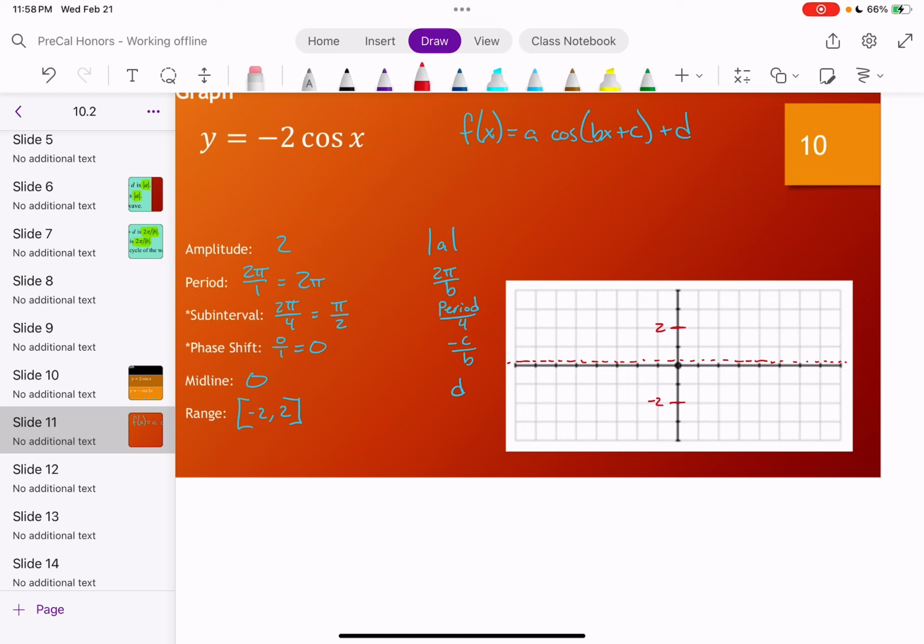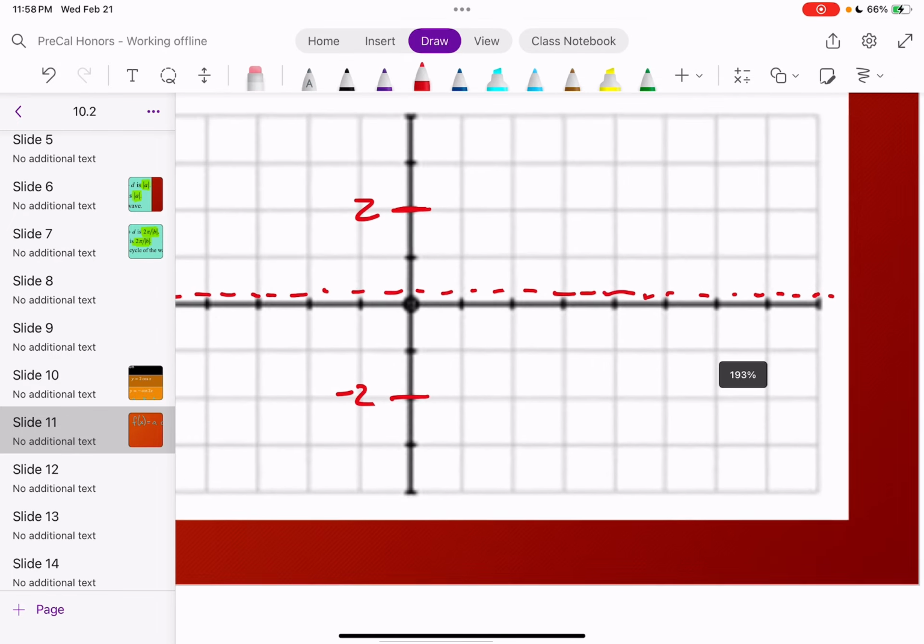Our subinterval is going to tell us exactly what is the distance between every single one of these points that we're going to start off with. In this case, our subinterval is pi over 2. So we're going to label each one pi over 2, 2 pi over 2, 3 pi over 2, and 4 pi over 2.